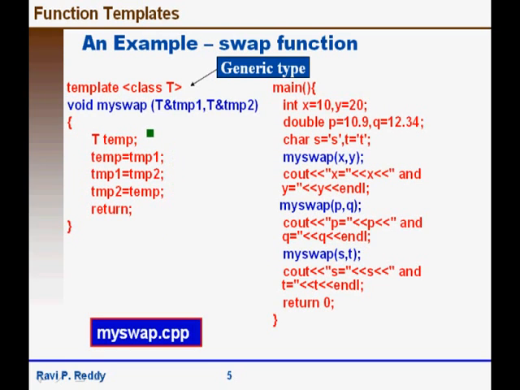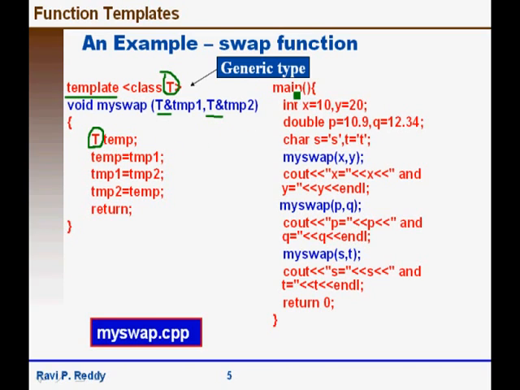I have changed the function name swap because it conflicts with an internal library function of C++. We're calling it myswap here. Here's the function template with the unspecified type T. Here are the two variables of the type T. Here is another temporary variable of type T. Now, here's the function call.